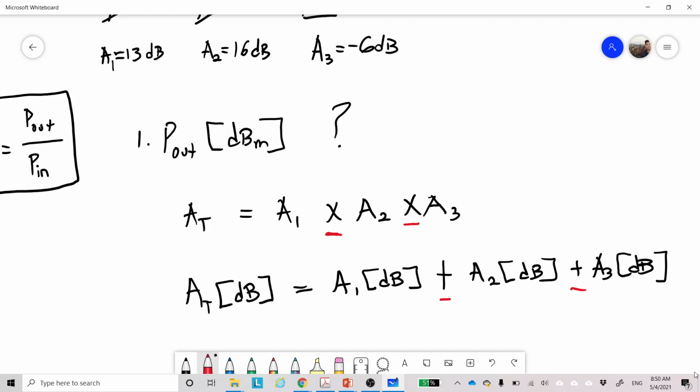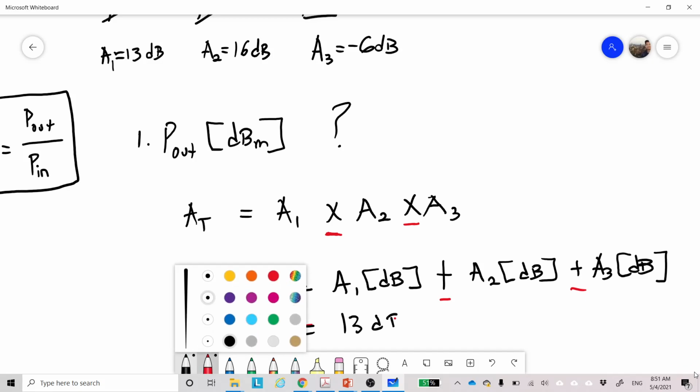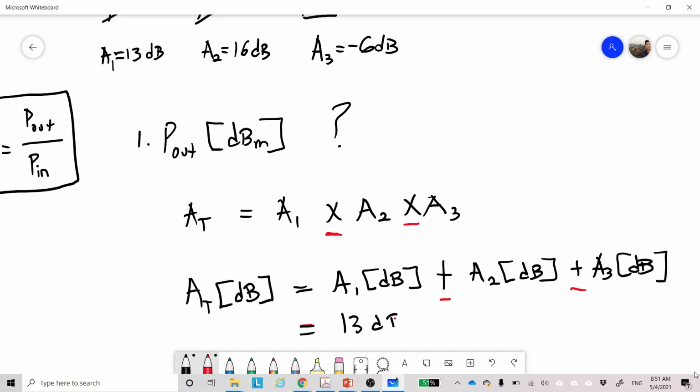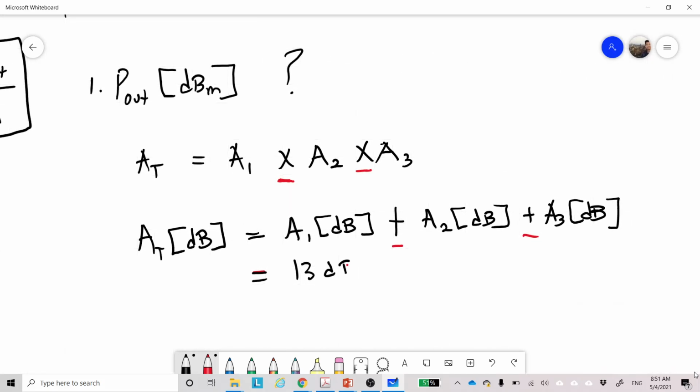So you see that here. What I need to do is 13 dB plus 16 dB plus minus 6 dB.